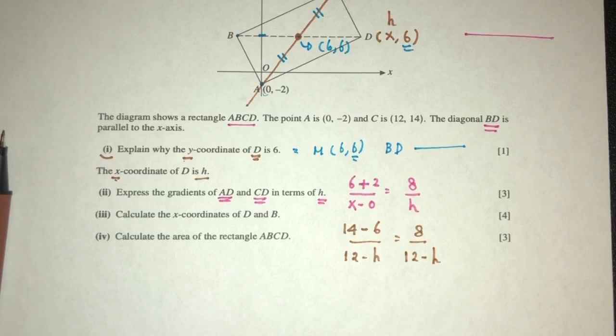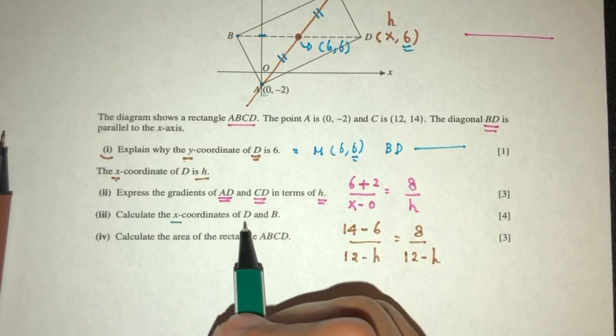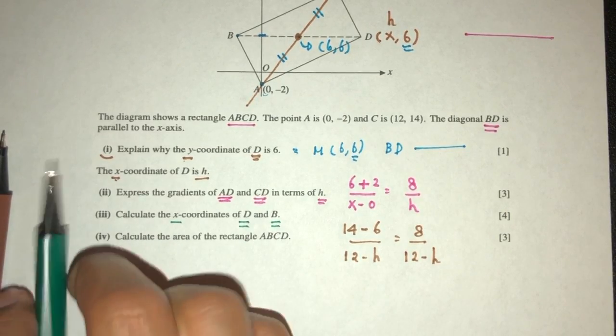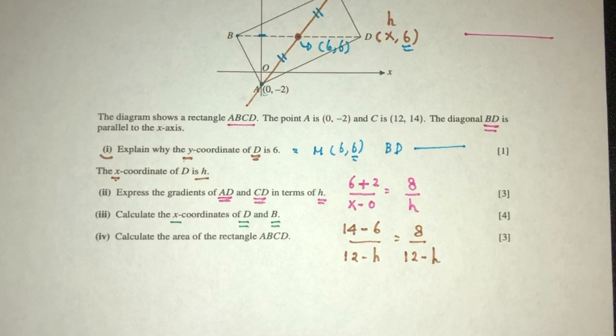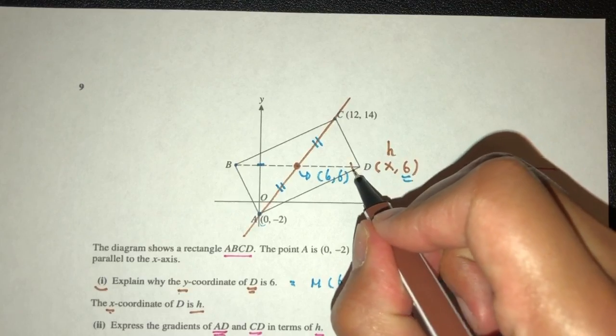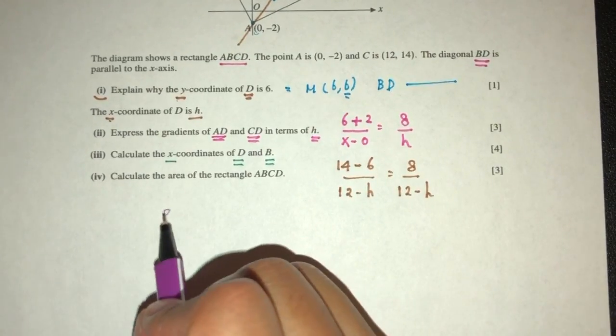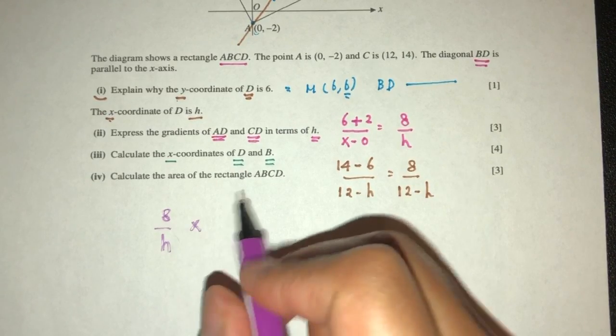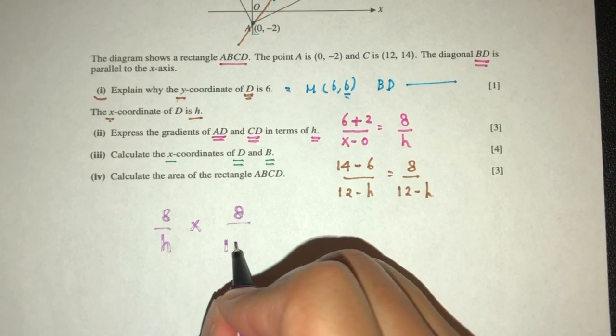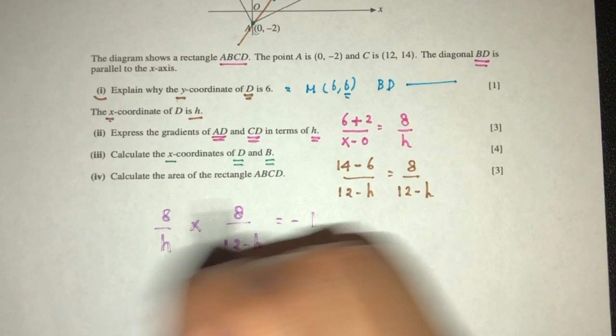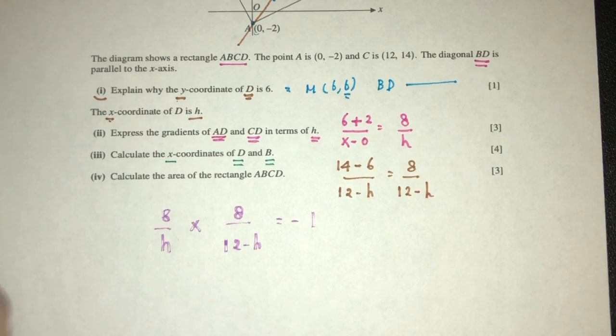Now for part 3, find the x value of D and B. So why did they ask us to find the gradients? Because we understand they are at 90 degrees to each other, and so we can form an equation: this over h multiplied by the other value has to give you minus 1, because when you multiply the gradients of perpendicular lines, the value has to be minus 1.